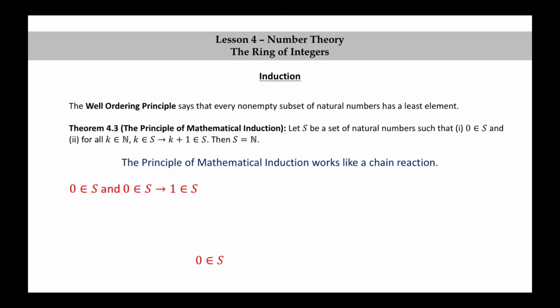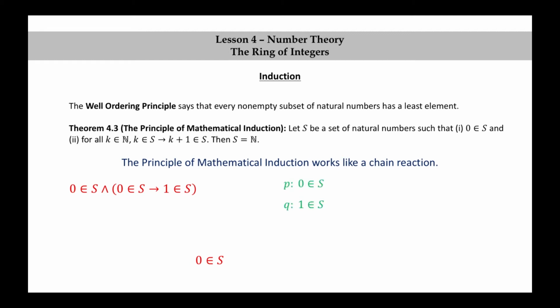So we have the compound statement, 0 is in S, and if 0 is in S, then 1 is in S. I just switched here to our logical notation from lesson 1, where we use this wedge-shaped symbol for AND.